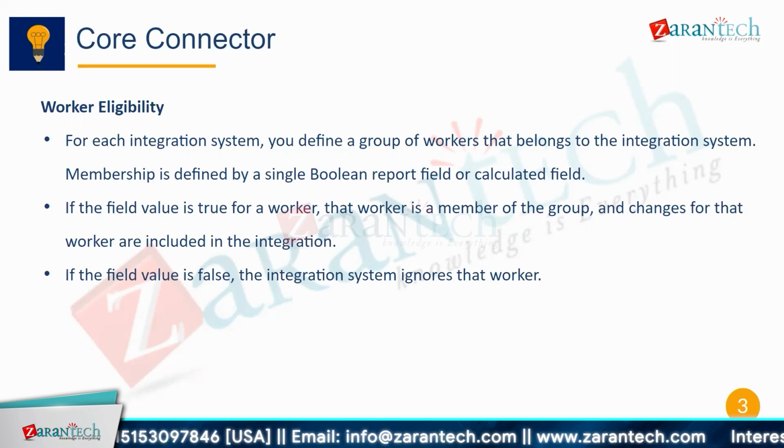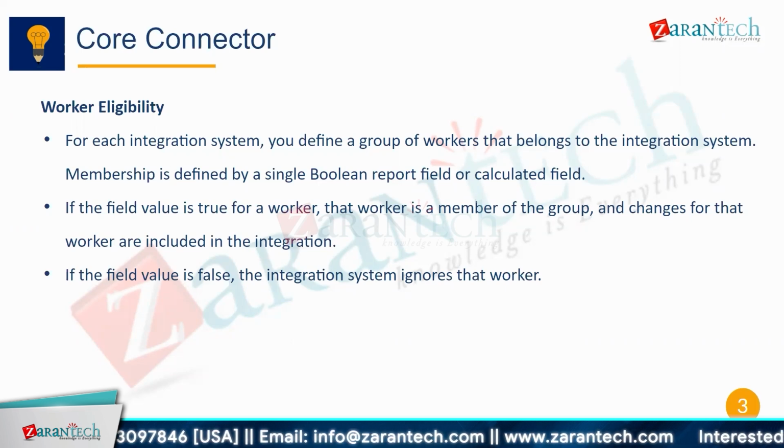Another example could be that you're running the worker connector for United States, but you have operations ongoing in multiple countries. So you may require multiple integrations for each country, and your eligibility criteria for that could be location or a pay group type or a compensation package type.